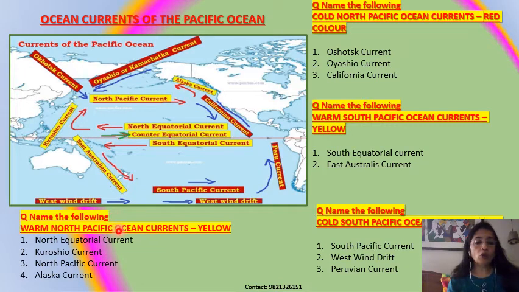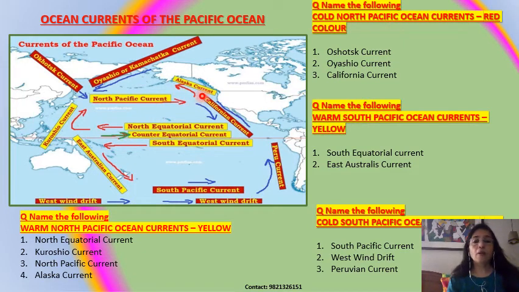The warm North Pacific Ocean currents, all yellow. North Equatorial Current, fine. Kuroshio Current, fine. North Pacific Current, fine. And the Alaska Current, it's going towards Alaska. These are the 4 warm North Pacific currents. Name the cold North Pacific currents.